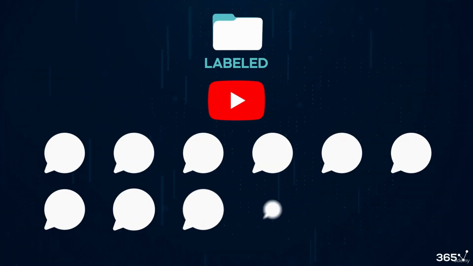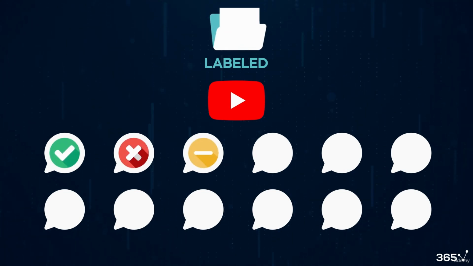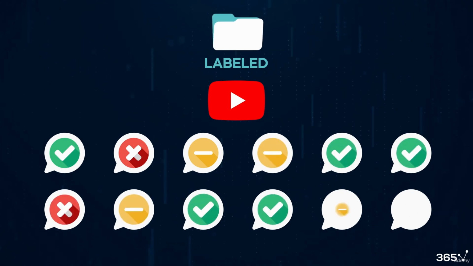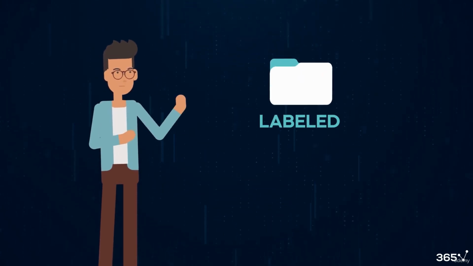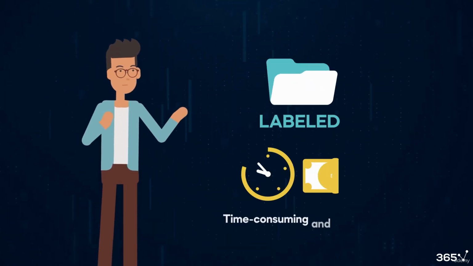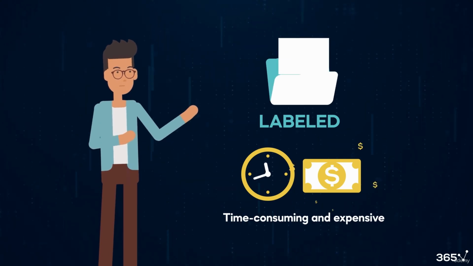Now envision a collection of YouTube comments. We can classify comments as positive, negative, or neutral to train a model that categorizes new platform comments and flags harmful ones. Manually labeling is undoubtedly time-consuming and expensive. So why go through all the effort?